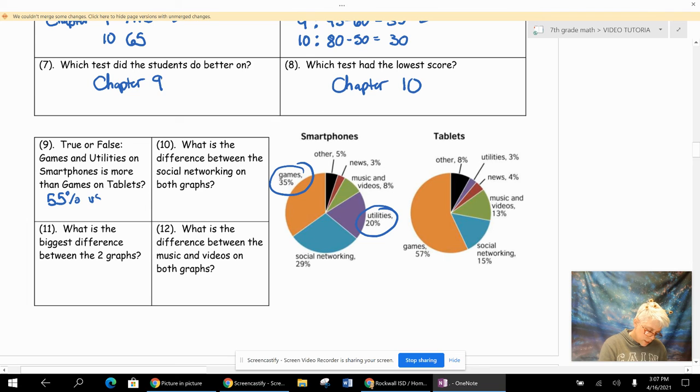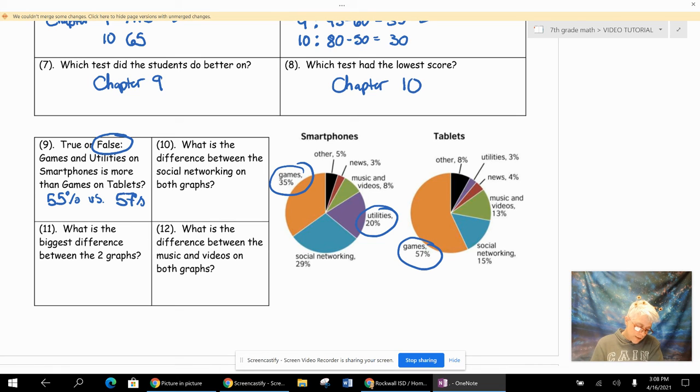And versus tablets, games on tablets is 57. Let's see. True or false question. Games and utilities on smartphones, that is a false statement because the tablets were a few percent higher. Let's look at the next one.